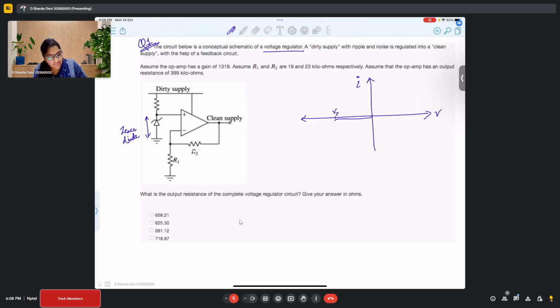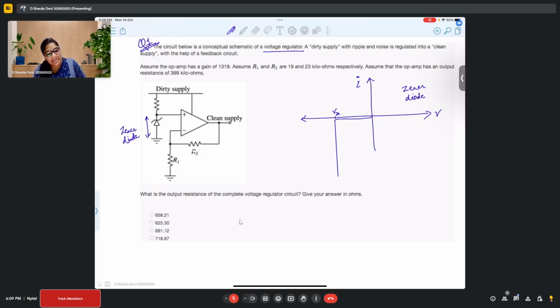We call this VZ, that is the Zener voltage, and after that the current increases almost exponentially. So this is how the profile of a Zener diode looks, where the Zener diode is always used in reverse bias. Now this particular voltage regulator circuit is used.